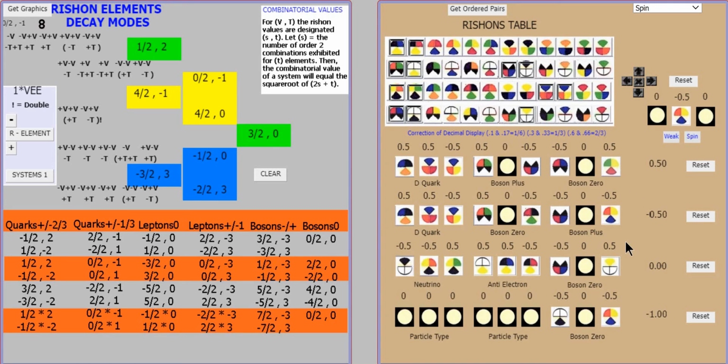And the intrinsic spin, not the intrinsic spin, but the weak charge of this W plus is 1/2 when it should be 1.